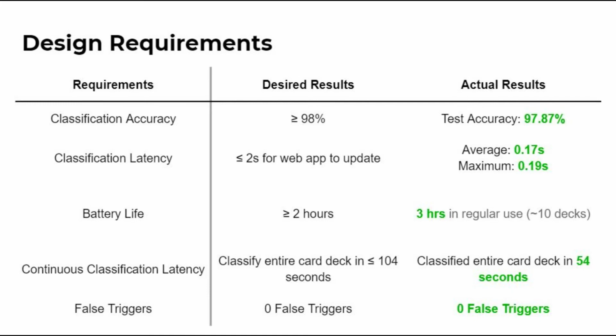PokerCam requires 98% classification accuracy to appropriately track the game state. This near-perfect accuracy is achievable through consistent image poses and lighting. To test the classification accuracy, we imaged many decks of Bicycle Standard card decks and split those images into approximately 3,500 training images, 500 validation images, and 1,000 testing images.